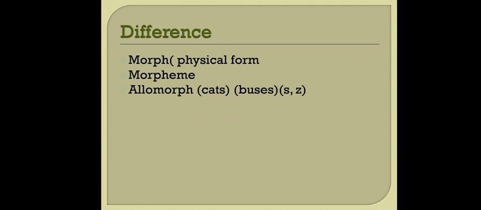Let's take an example of the word sheep. Sheep is a morph because it can be written S-H-E-E-P. But remember, it gives 2 meanings. If it is giving 2 meanings, it means it has 2 morphemes. One morpheme is talking about a particular animal. The other is telling that they are in plural form. Like, I have seen the sheep.